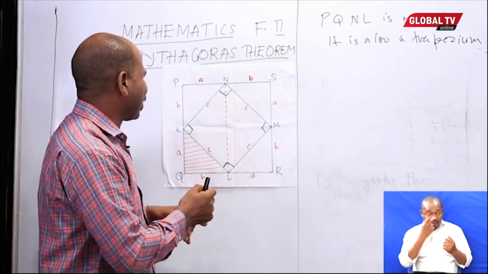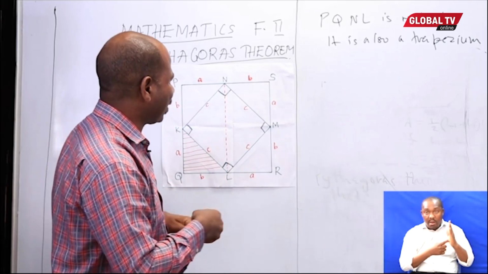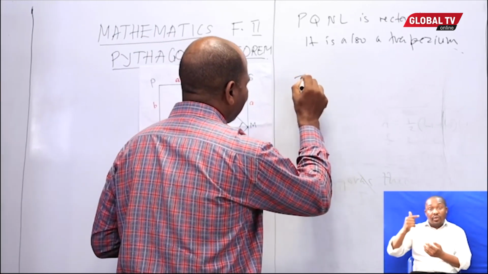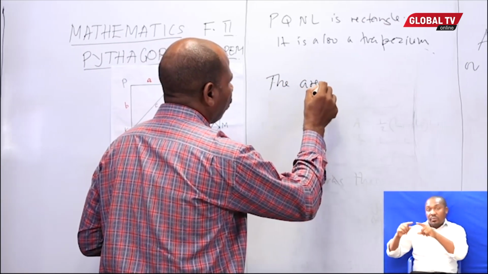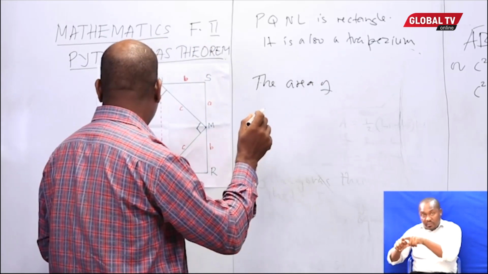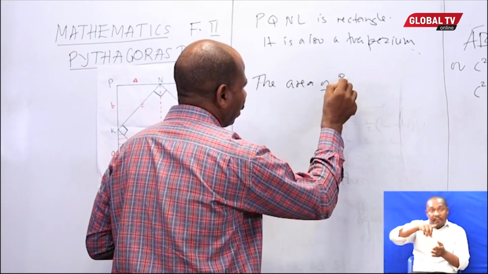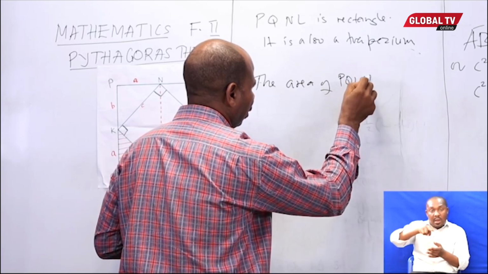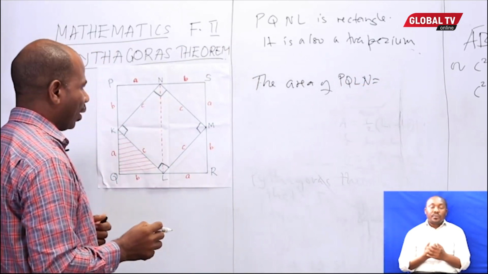If we consider this, the area of PQLN is equal to what?